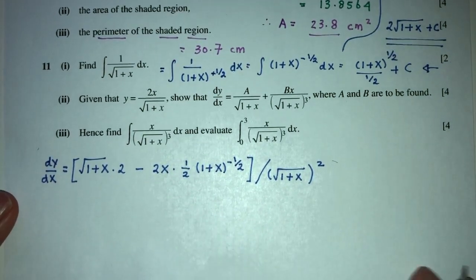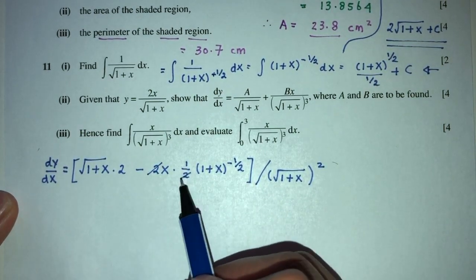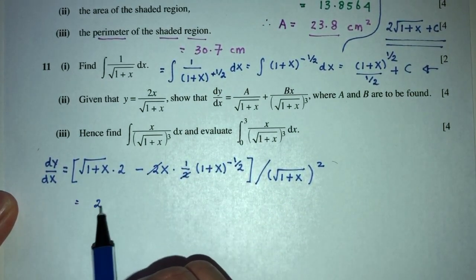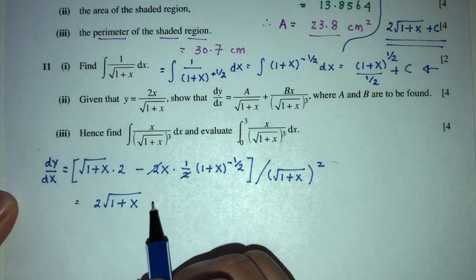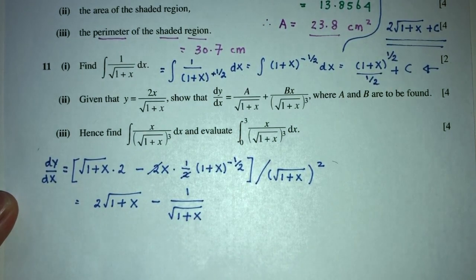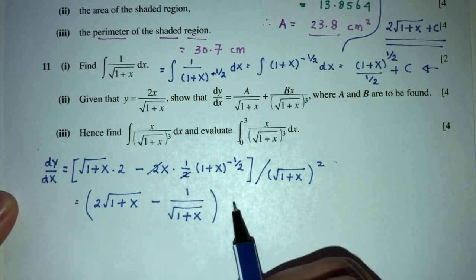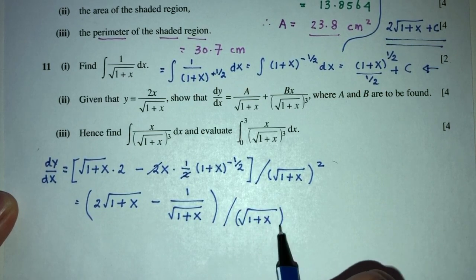Let's try to simplify to see what we can have. Clearly this will cancel out. Here you will have 2 root (1 plus x) minus 1 over root (1 plus x), and all this divided by this square. So simplify.